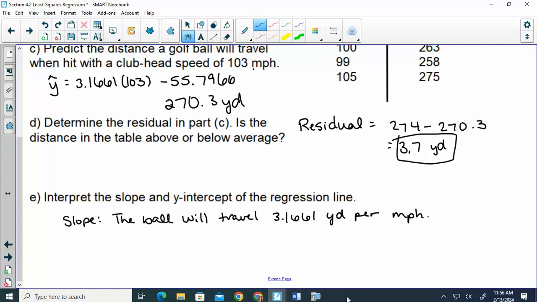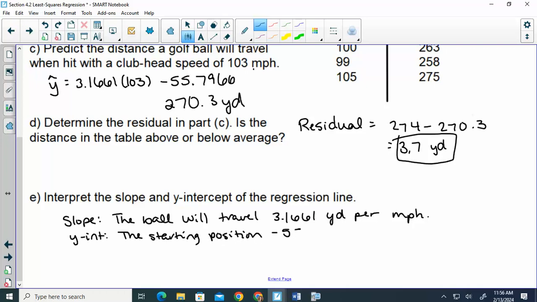Okay. The y-intercept. That's where you hit the y-axis, so when x equals 0, it's like our starting position here. Doesn't always make sense in the context of the problem.